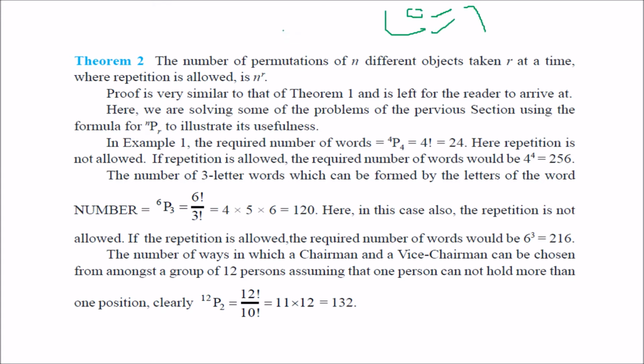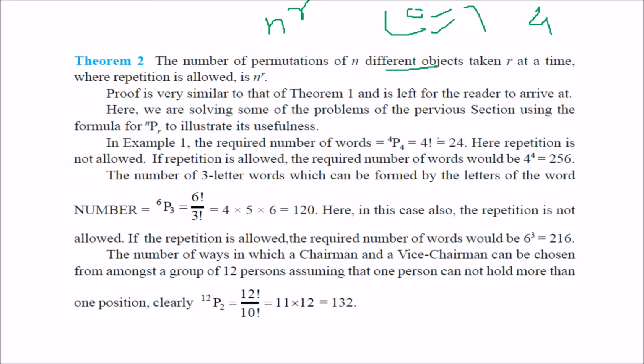One more theorem we are taking: the number of permutations of n different objects, if we take r at a time with repetition allowed, is going to give you n to the power r. We'll see how. Say you have 4 letters and you want to arrange them.